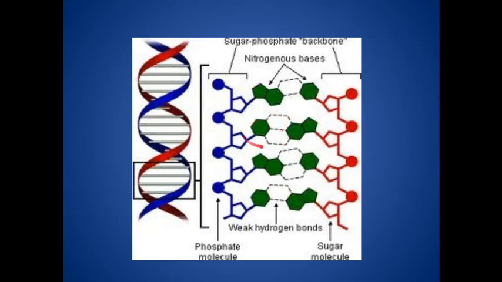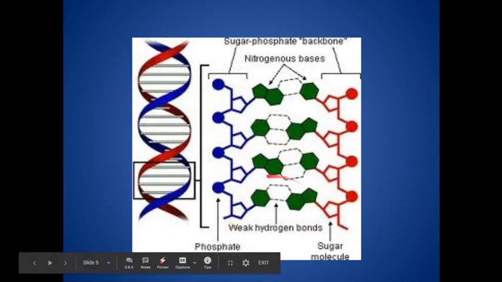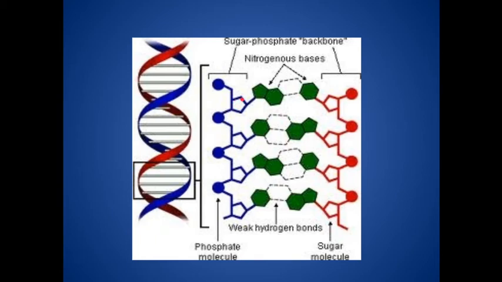So this one here would be cytosine and guanine, the same here. And this will be adenine and thymine because of these bonds. We've got our sugar phosphate backbone here, which is our deoxyribose sugar and our phosphate group, and then our nitrogenous base, that makes up the backbone of DNA.